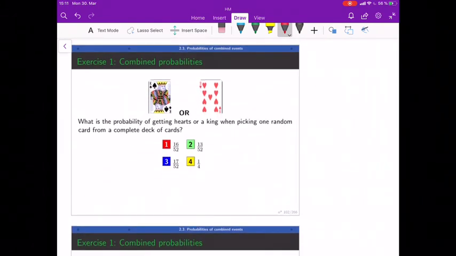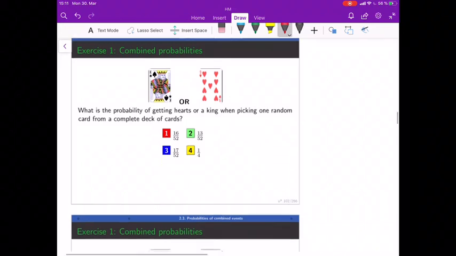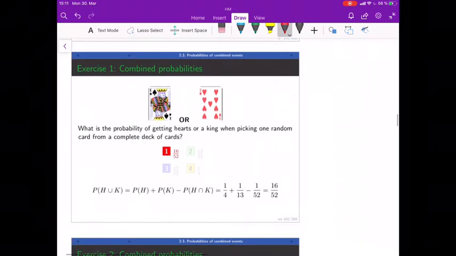What is the probability of getting hearts or a king when you pick one random card from this complete deck of 52? Perfect, yeah, 16 over 52. We could count.